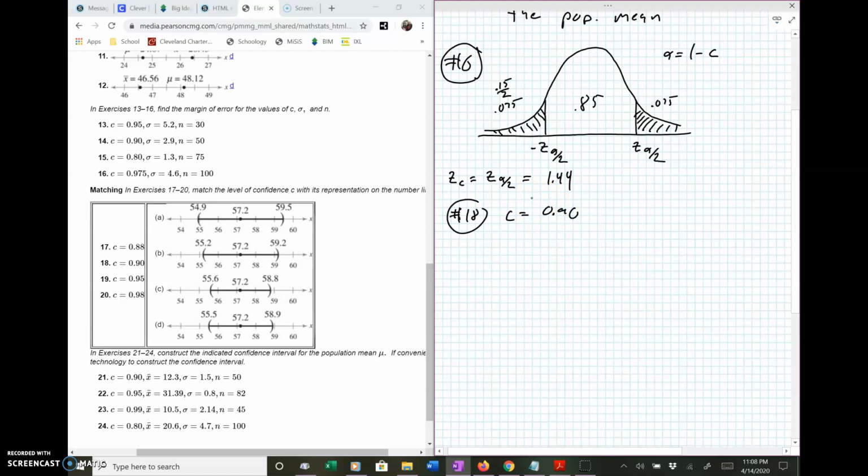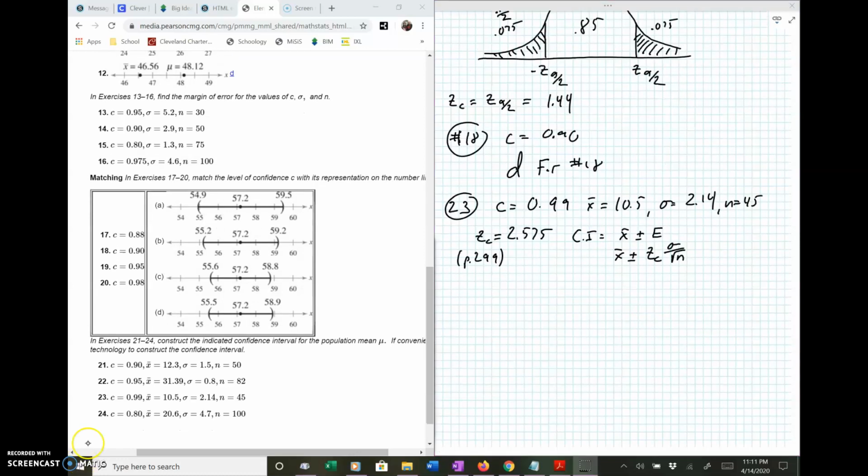Right there. So I'm going to notice that's the second smallest one. It should be the second smallest interval. The way they have these lined up nice, that makes it look like D down here. So D is going to be the interval for number 18. Second smallest confidence level, second smallest interval.